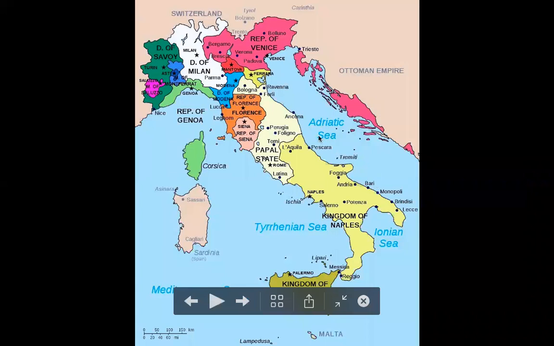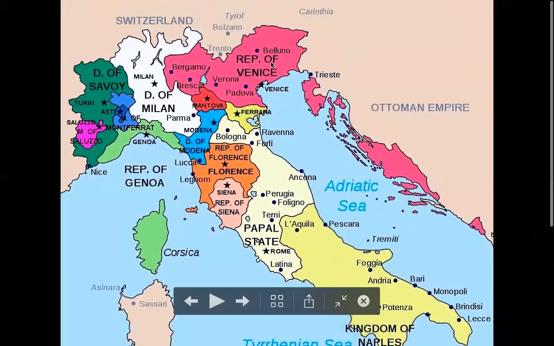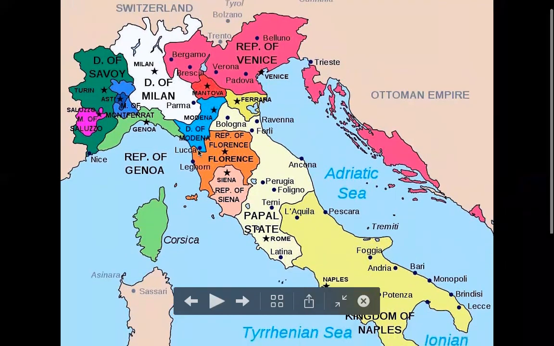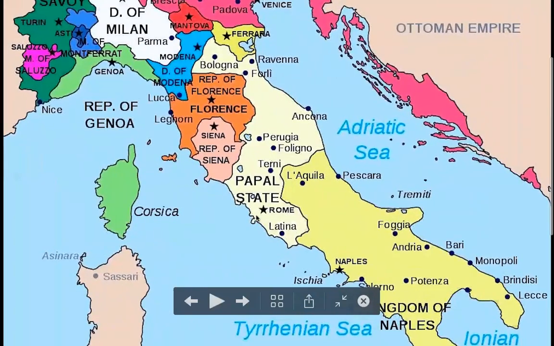Okay, so here's, at the time anyway, you can see the Ottoman Empire here. Venice, right? It was its own republic, its own kind of fiefdom or duchy, as they say, as was all of these, the duchy of Milan or Savoy, Florence, and of course the papal states we talked about with Martin Luther last time.